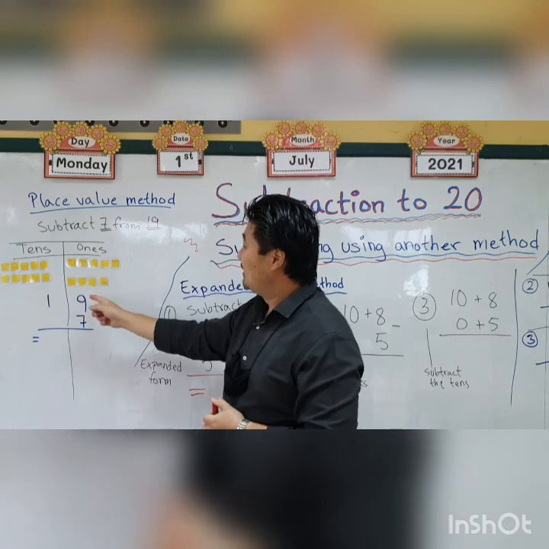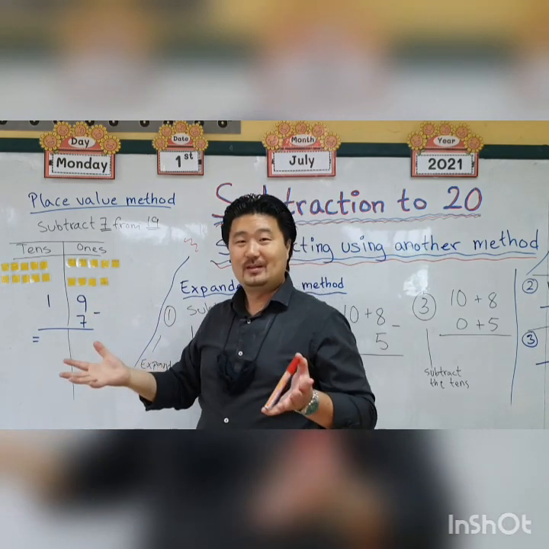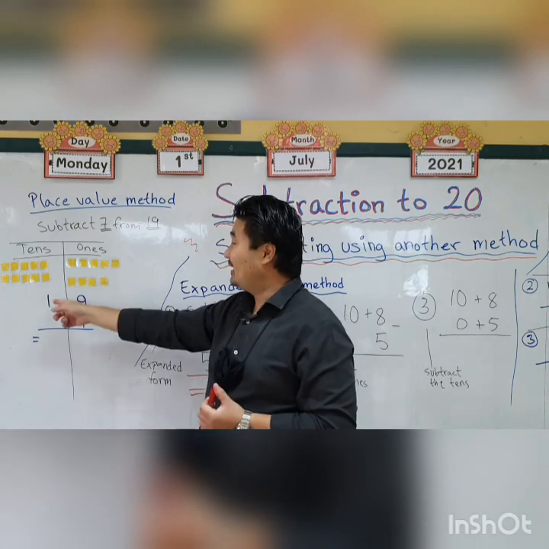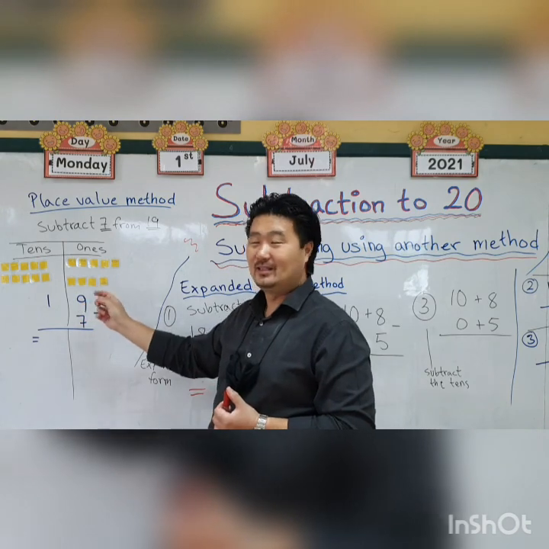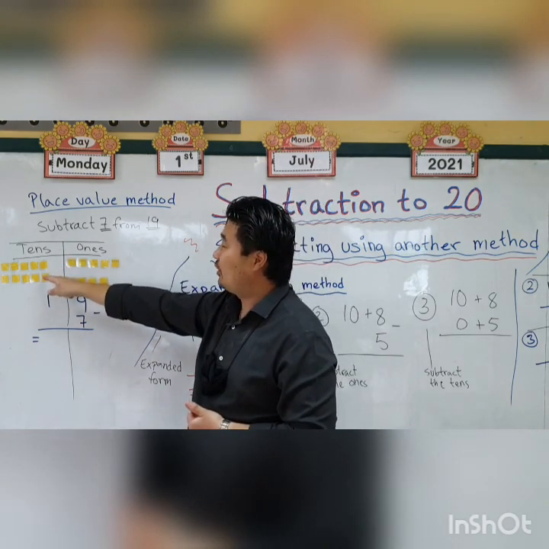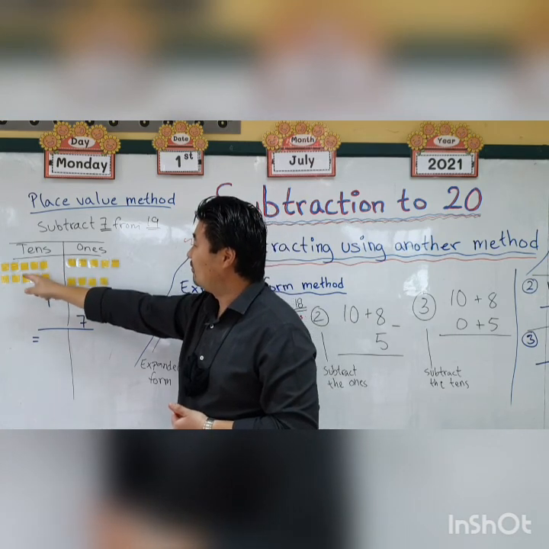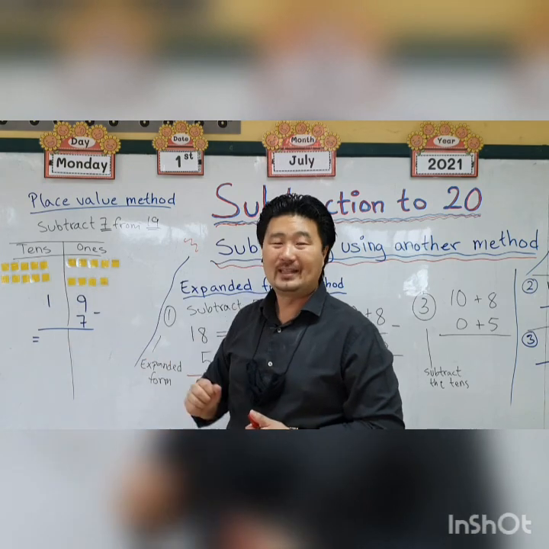And then we have 9 ones. So they are worth 9. But this one is worth 10, if you think of ones. So let's count. 1 ten is worth 1, 2, 3, 4, 5, 6, 7, 8, 9, 10 ones.